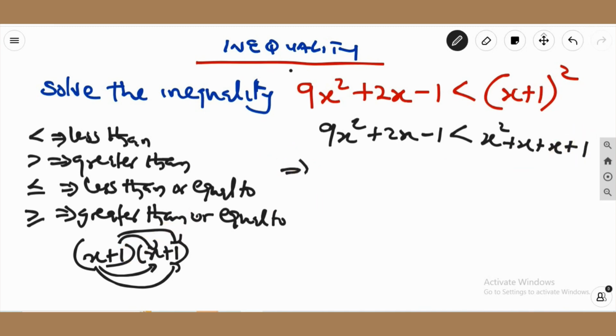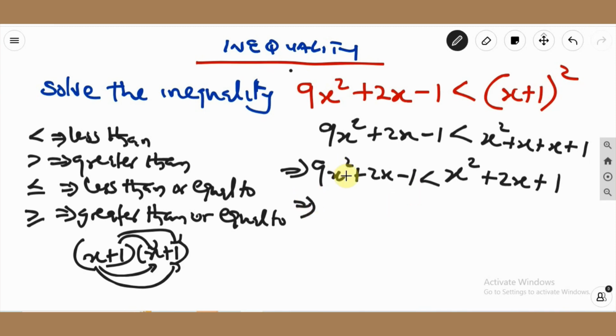So the next thing is to write 9x squared plus 2x minus 1 is less than x squared plus x plus x, which is 2x, plus 1. So I'll collect like terms. Collecting like terms, I'm going to have 9x squared, because 9x squared and x squared are like terms, just like how we collect like terms when solving equations.